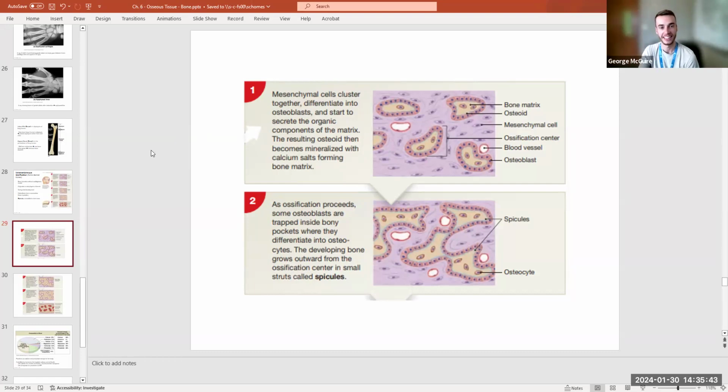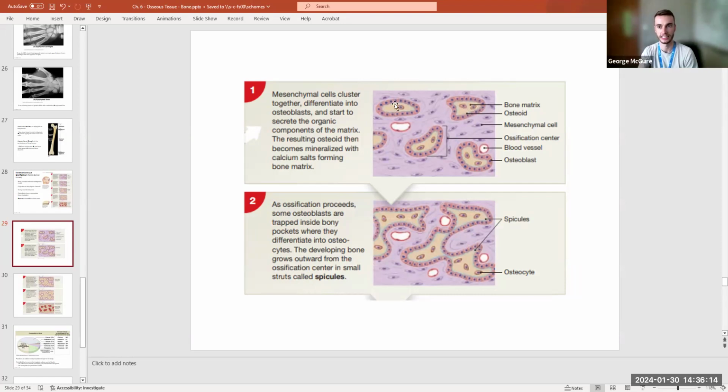So rather than having a cartilage model that is then going to be stretched and enlarged until those cartilage cells die and get recycled, creating a space, instead we have a whole bunch of these stem cells, these mesenchymal cells that end up filling this space deep to the dermis. And we begin forming some osteoblasts that create essentially different segments of bone that are all going to end up connecting with each other.